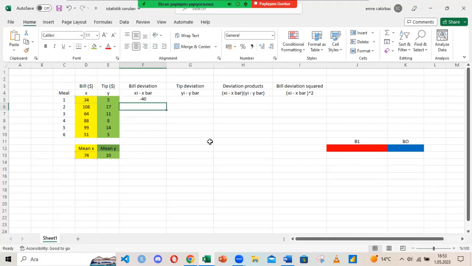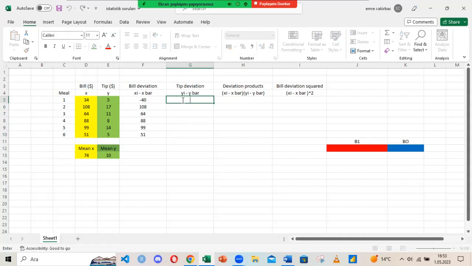Making sure, I scroll down to apply to all the items. I will do the same thing for the tip deviation.